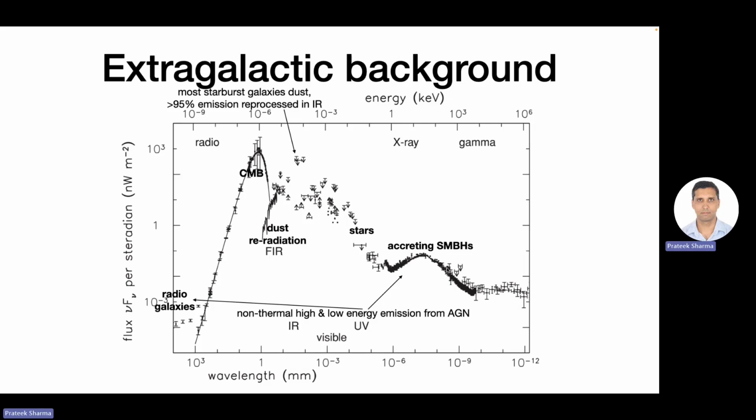X-rays are also coming from AGN, which are broadband emitters, active galactic nuclei, powered by accretion onto the massive black holes at the center of galaxies. Even this portion, the radio, comes from accretion onto supermassive black holes. This is where the stars are.